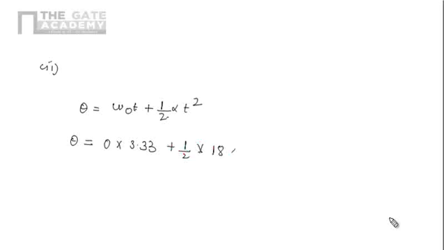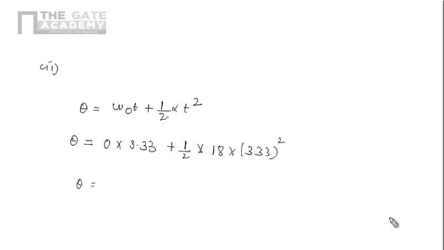Second part, we have to find out the number of revolutions through which the pulley rotates during that period. So we can use the other equation, that is theta equals omega naught t plus 1 by 2 alpha t square. We know the initial angular velocity is 0. We have already calculated the time, that is 3.33 seconds, plus 1 by 2, we know alpha is 18, and again time is 3.33.